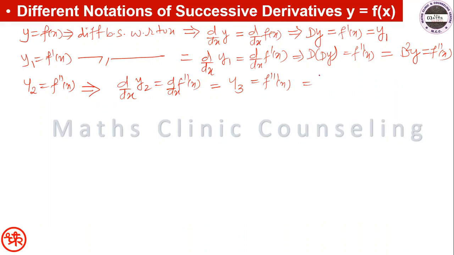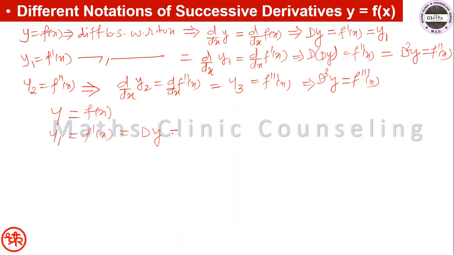Is that clear? That is d3 of y is equal to f triple dash of x. So in general, what we learn: y is equal to f of x, then y1 is equal to f dash of x is equal to dy.